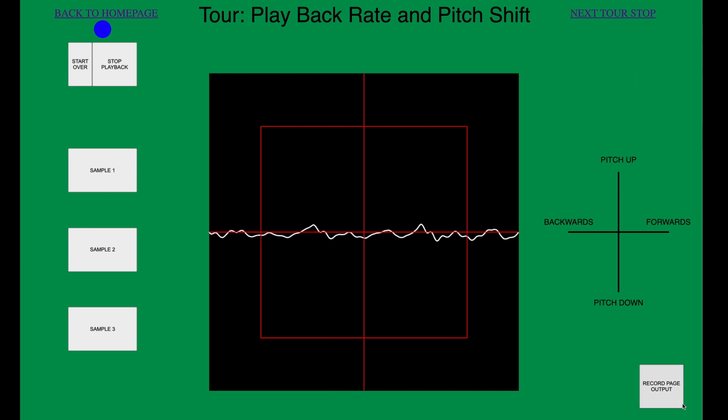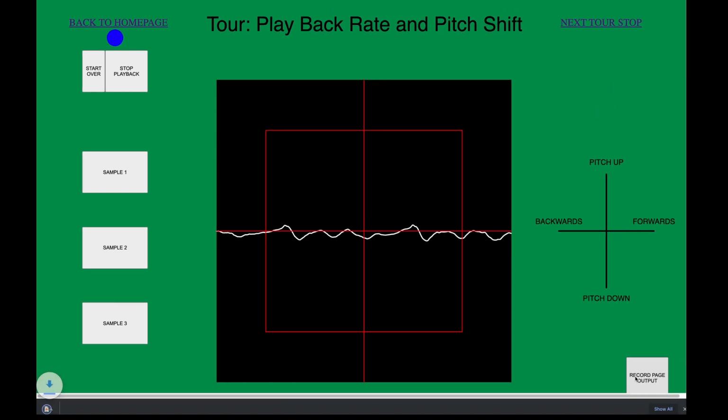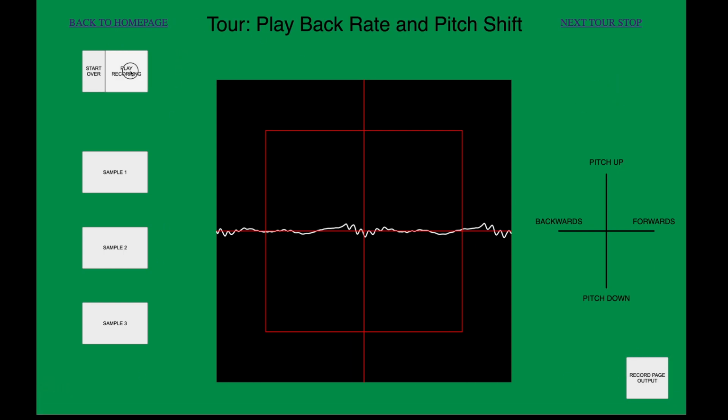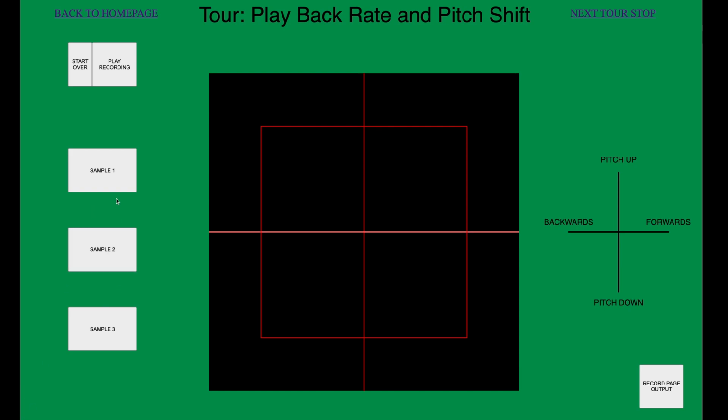Put the mouse there. You can hit record. Now as that red circle is active, it's recording the audio. There it is, and then it's recorded. And then there's your automatically downloaded file right there.